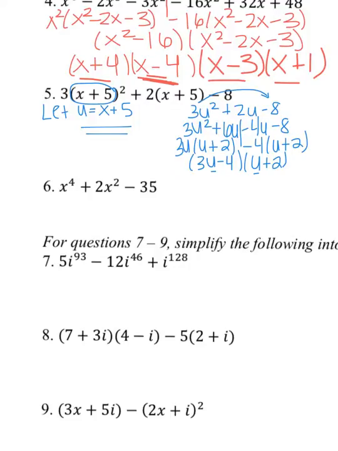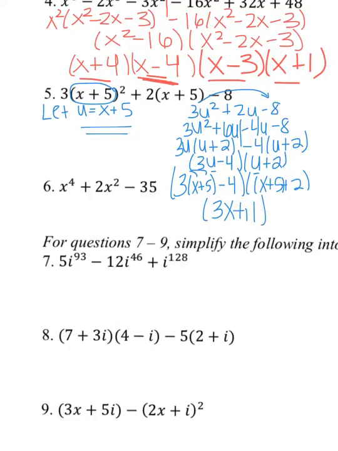So you need to do 3 times x plus 5 minus 4 and then x plus 5 plus 2. So one set of parentheses ends up being distribute the 3. 3x plus 15 minus 4 is 3x plus 11. And then the other one, x plus 5 plus 2, is x plus 7.